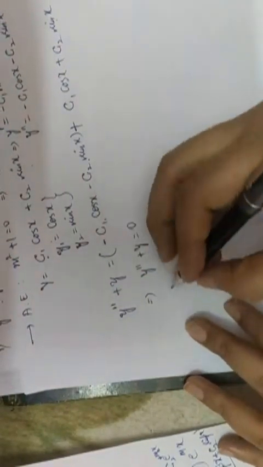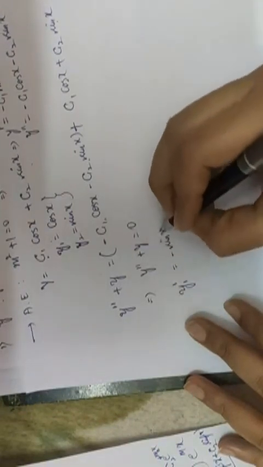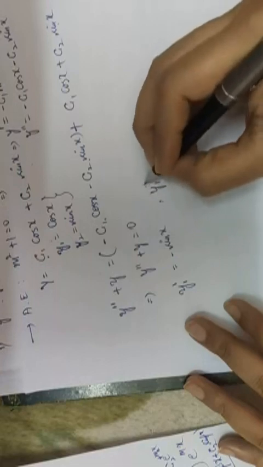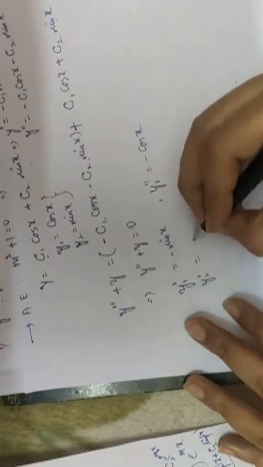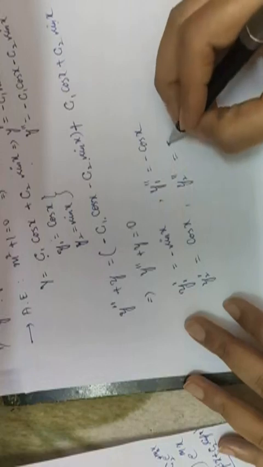From this I can say that this is my solution, but I have to verify that these two solutions also satisfy this condition in order to say that this is a linear superposition principle. Okay, so that means I have to find out y1 dash is minus sin x and y1 double dash is minus cos x, right? So similarly y2 dash is cos x and y2 double dash is minus sin x.